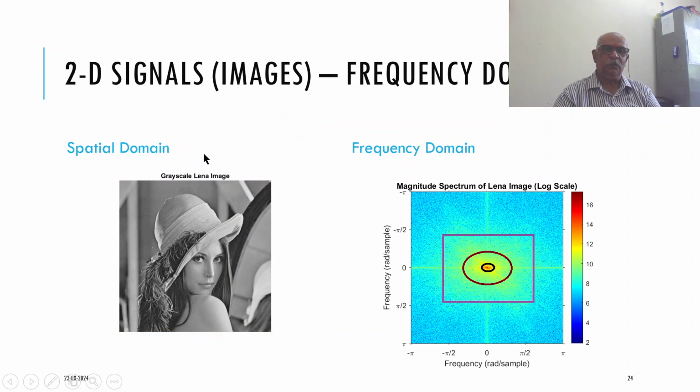Now coming to the frequency domain. We have seen the grayscale image over here of the Lena. That's a very famous image in image processing. Now, what we are doing here is we have divided it into two frequency components: the frequency varying along one direction and the frequency varying in the other direction, and we have plotted this.